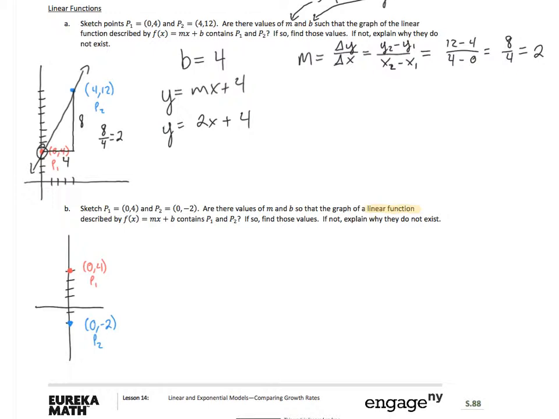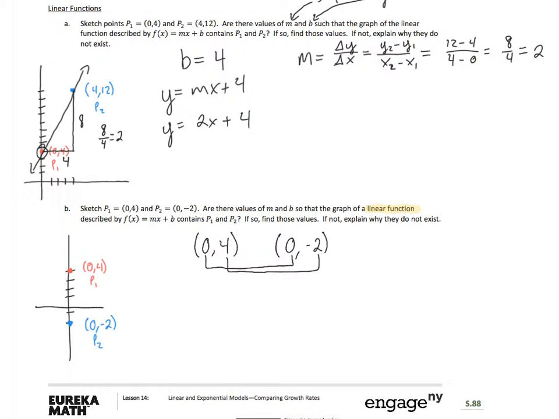And here I see I have the point (0, 4) and the point (0, -2). And I see that these have the same x value and different y values.